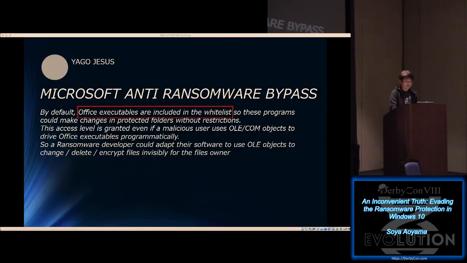Yamo's idea is using Microsoft Office. He succeeded in accessing the protected folder using an OLE object with embedded malware. My method is simpler and more effective. I'll show you in a demonstration from now.